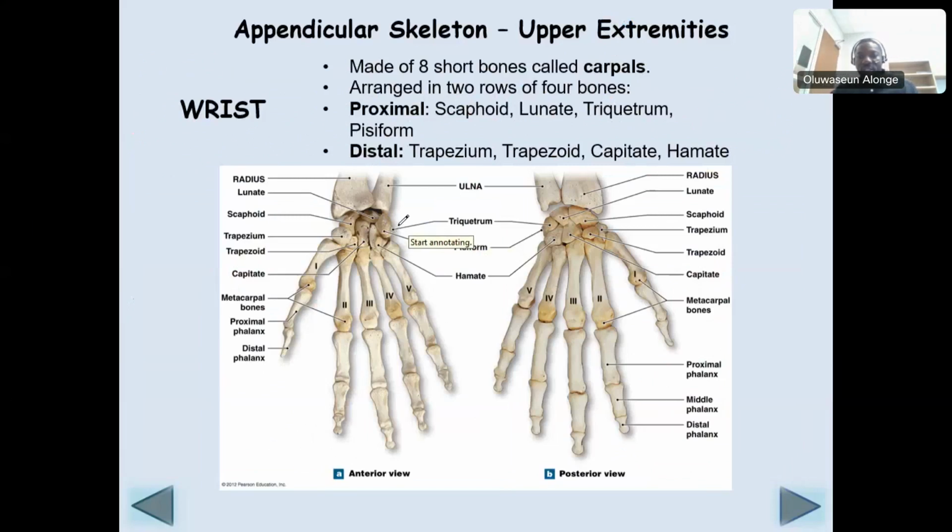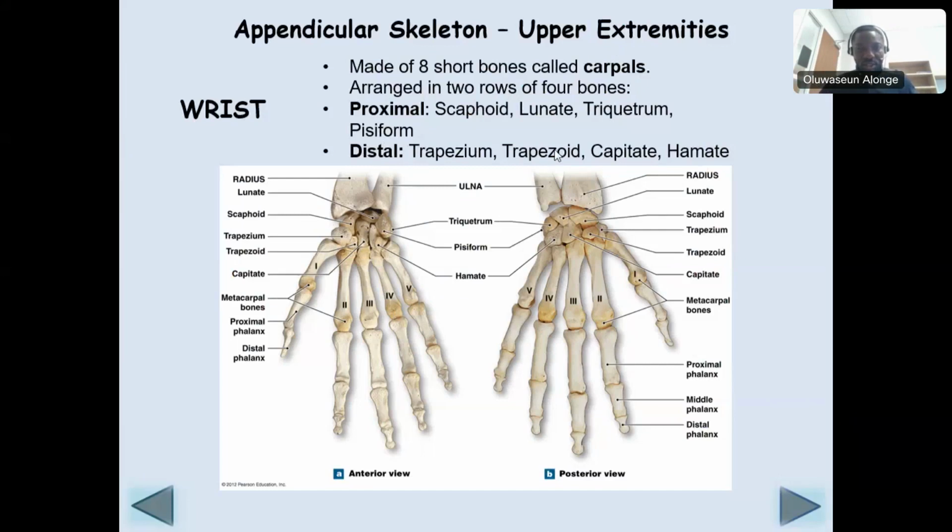If you take your hand like this, this is an anterior view, like you're looking at this. And so this one here is the right arm.